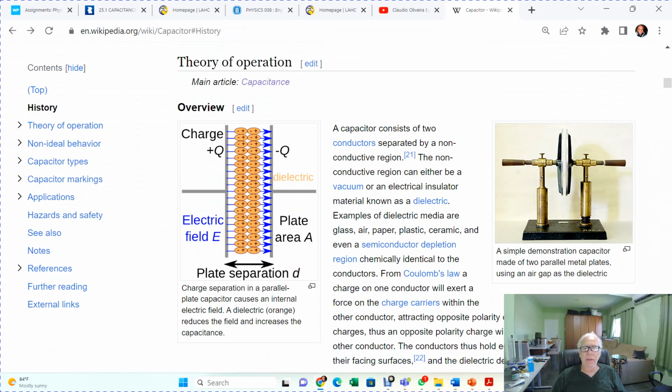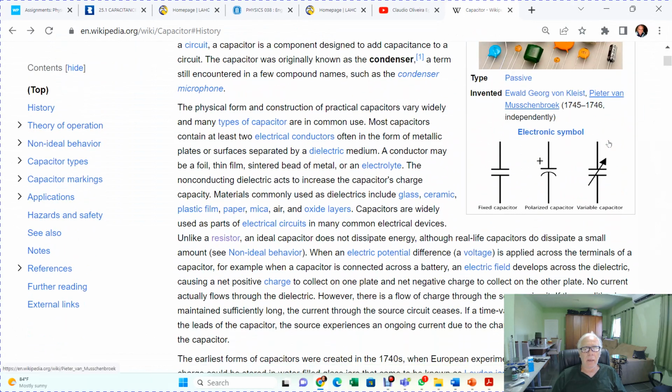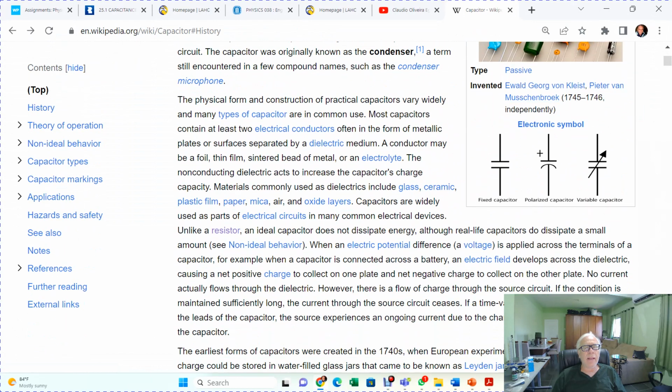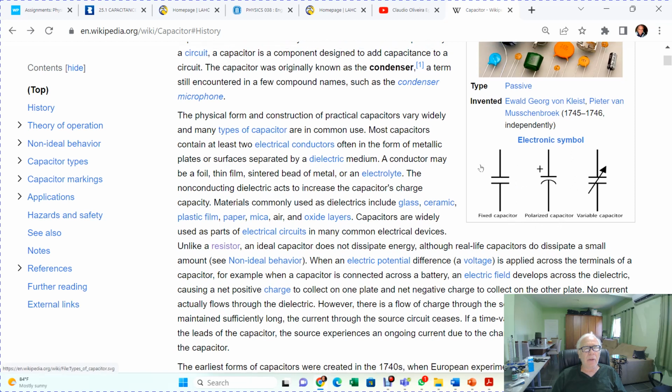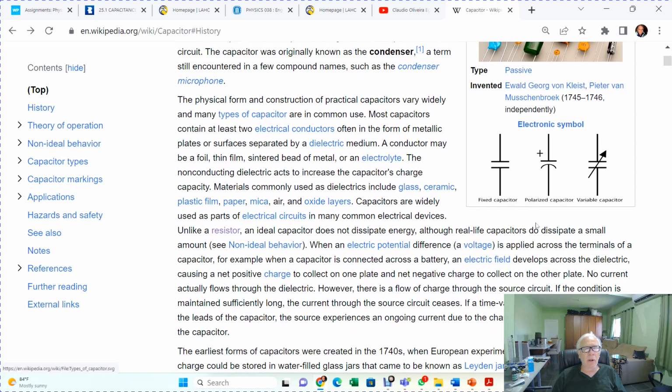If you go to Wikipedia, you're going to see that there are other representations of a capacitor. Here you go. This is a fixed capacitor that is used most of the time, and this one is the polarized capacitor. There are capacitors that are polarized. Most capacitors out there are not polarized, but there are a few out there that you must be careful are polarized. And then we have the variable capacitor.